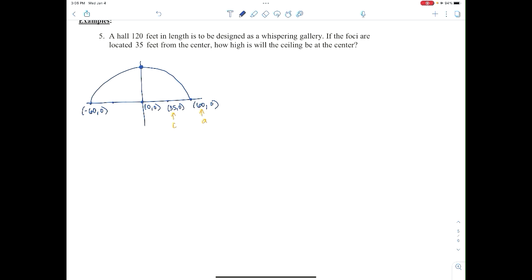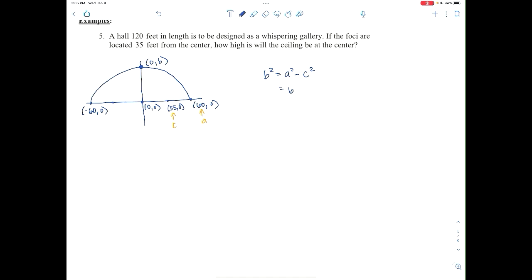So this value up here is going to be (0, B), the height of this ceiling. So we need to find B, and we know that B squared equals A squared minus C squared.